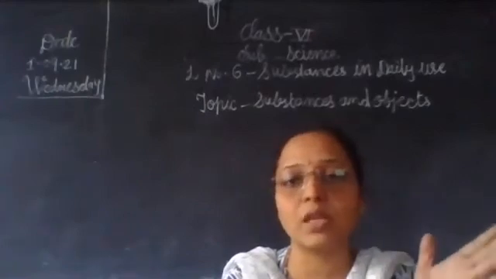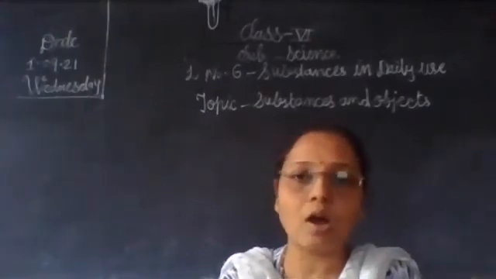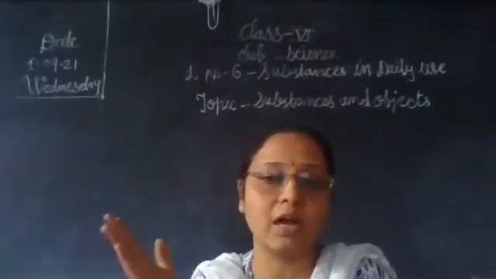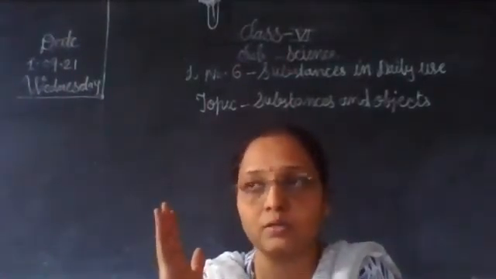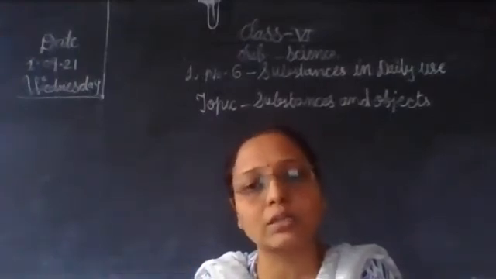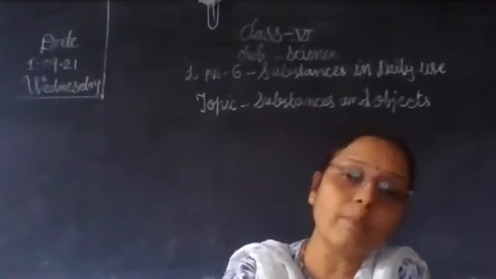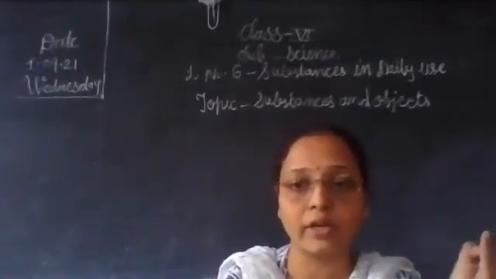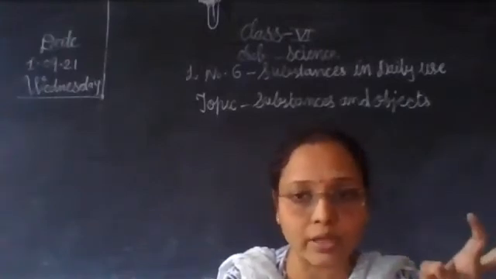Nature से जो हमें मिलते हैं वो natural होते हैं ना. और जो substance prepared in factory, prepared in industries जो होते हैं या फिर लोग उसको तैयार करते हैं, that are the man-made substances.